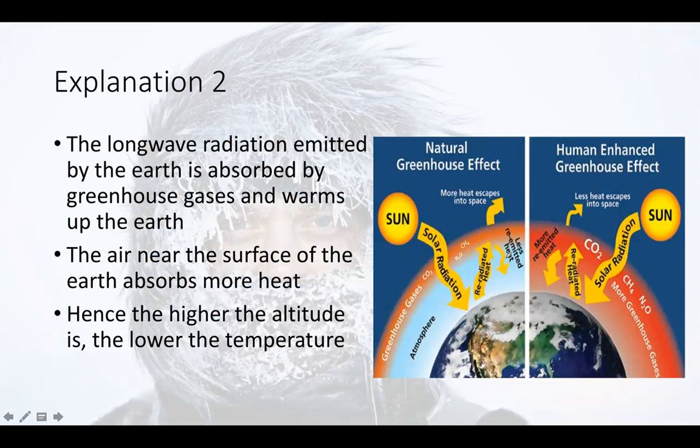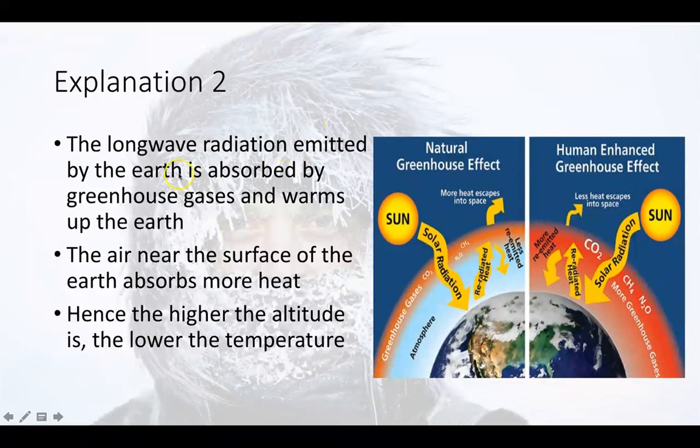Now, second explanation is this: we have this thing called the greenhouse effect. Many of you would have heard about the greenhouse effect in documentaries about climate change. The greenhouse effect is very important for us to know, and also very important for this earth to remain hot enough for us humans to survive.